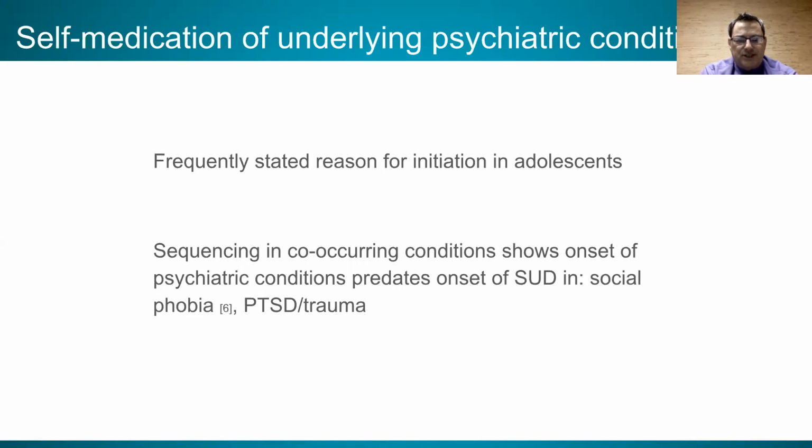In depression, it's been found to be bidirectional. So about half the time, the depression comes first, and then the alcohol or substance abuse problem occurs, and sometimes it's just the reverse, where the substance use disorder occurs first, and then a person will subsequently become depressed. Now, that doesn't necessarily mean that one caused the other. It could mean that there's a common substrate to both conditions, and so they were both going to occur anyway, but just at different times.